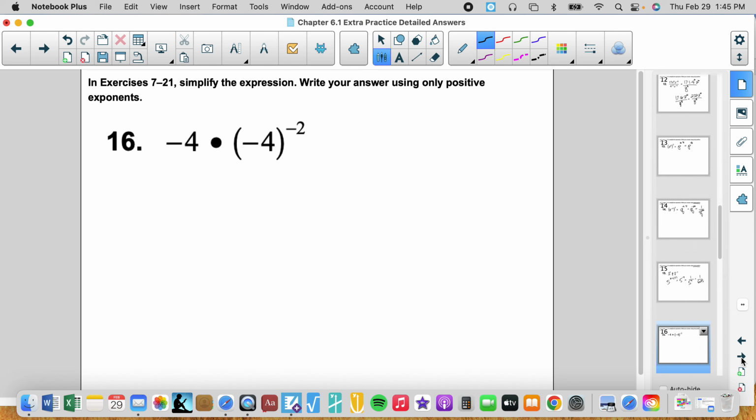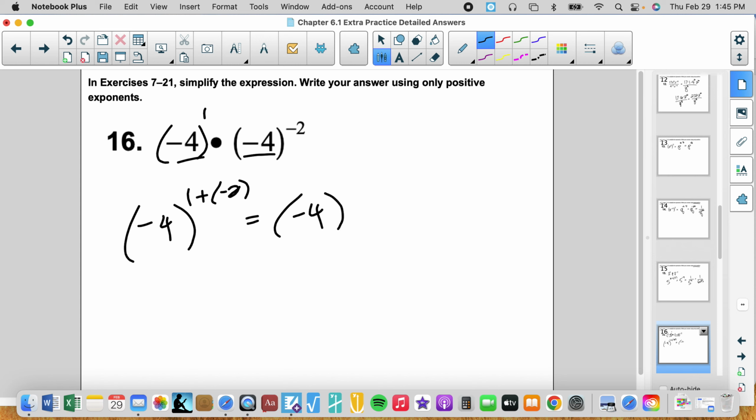We have like bases, that's to the 1. And so we have the quantity of negative 4 to the 1 plus negative 2, which equals negative 4 to the negative 1, which equals 1 over negative 4 to the first, which equals negative 1/4, or 1 over negative 4.